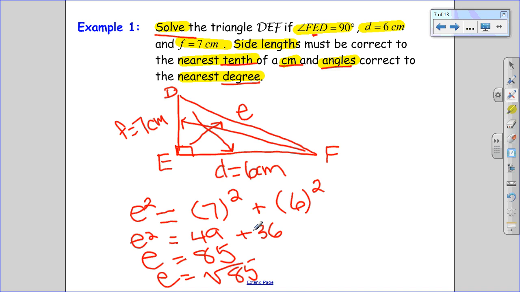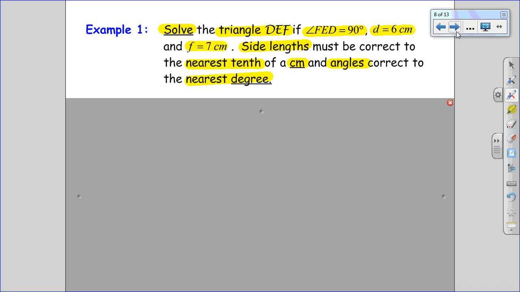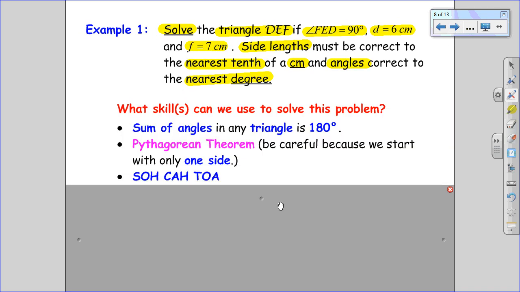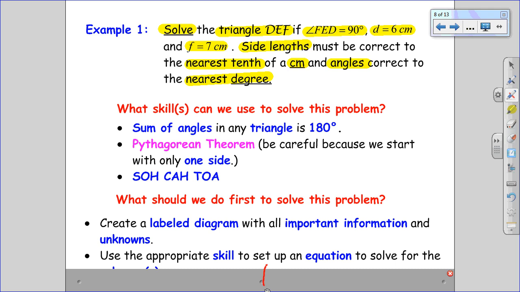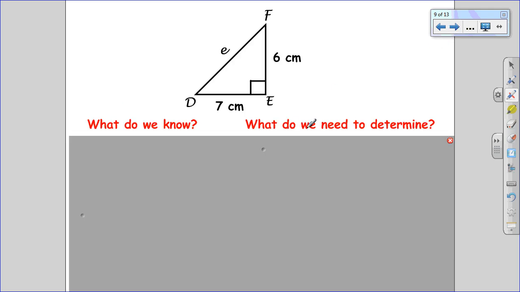Which I don't actually know the value of right now. Let's get a calculator out. And I can't find the square root button on here. Well, that's interesting. We're just going to cheat and go to the next page. I know it's about 9.3 or 9.1. I can't remember. We've got a lovely triangle here.